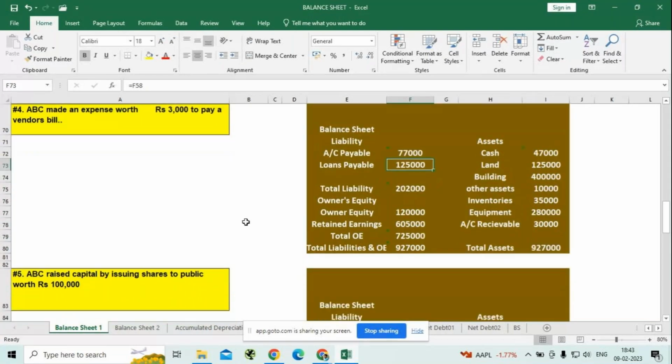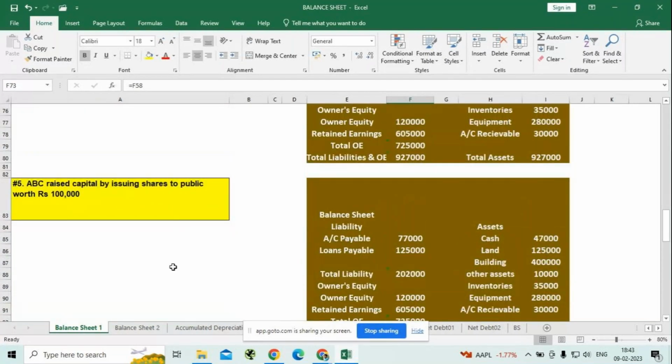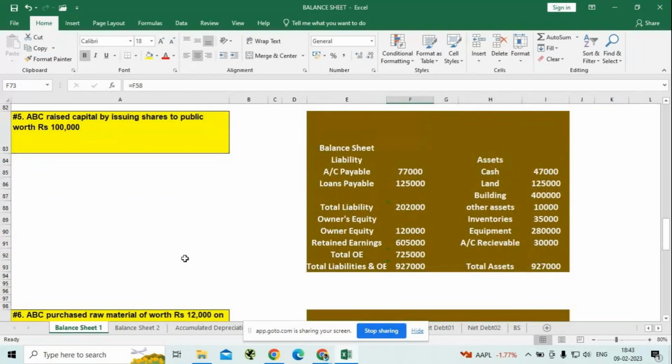Then the fifth one is, it has raised its capital by issuing shares to the public worth rupees 1 lakh. So can anyone try with the values? To which component of the balance sheet is it going to have an effect?